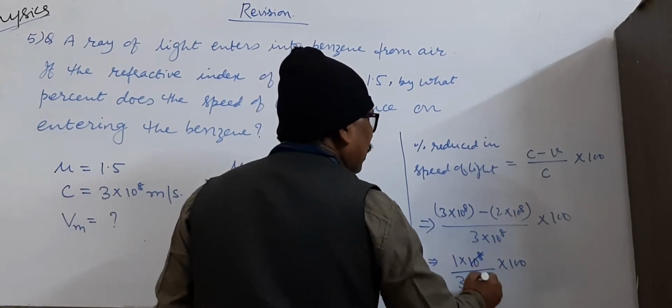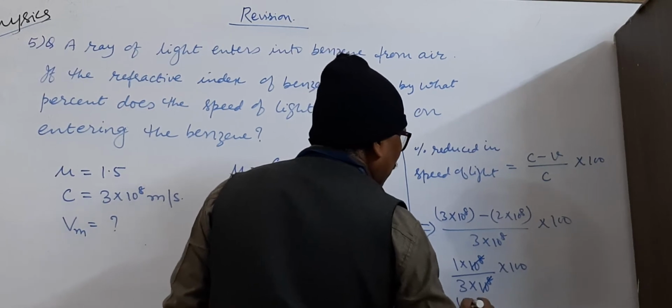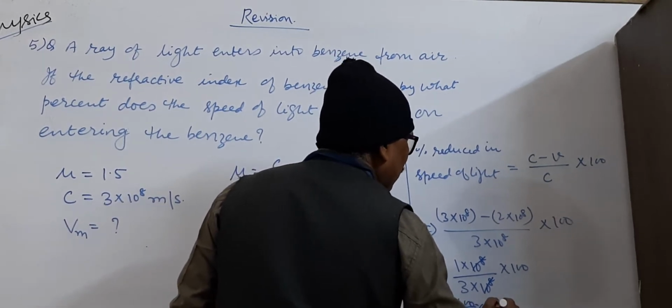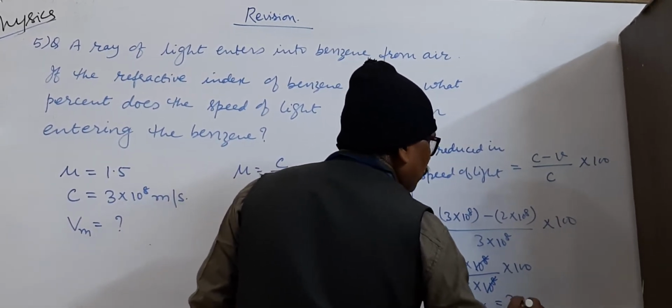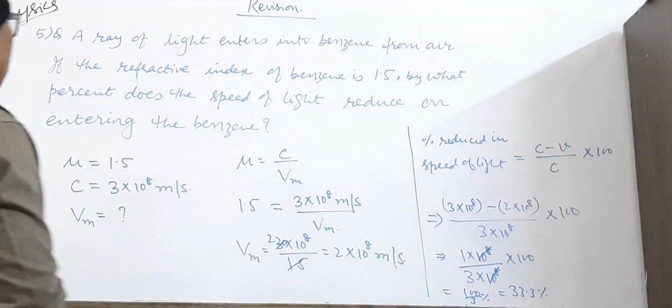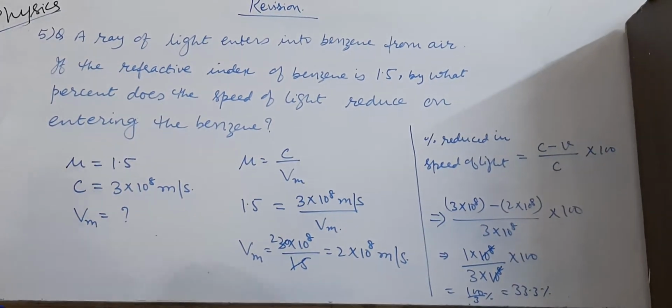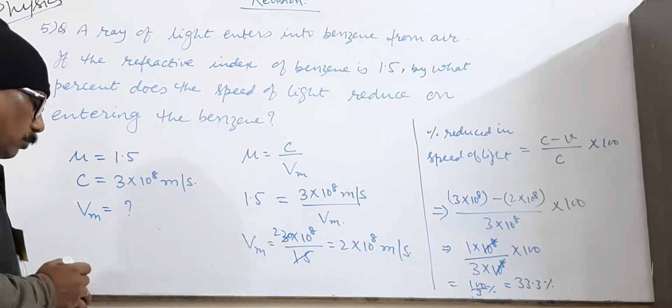This will cancel, and that will be 100 upon 3 percent, that is 33.33%.